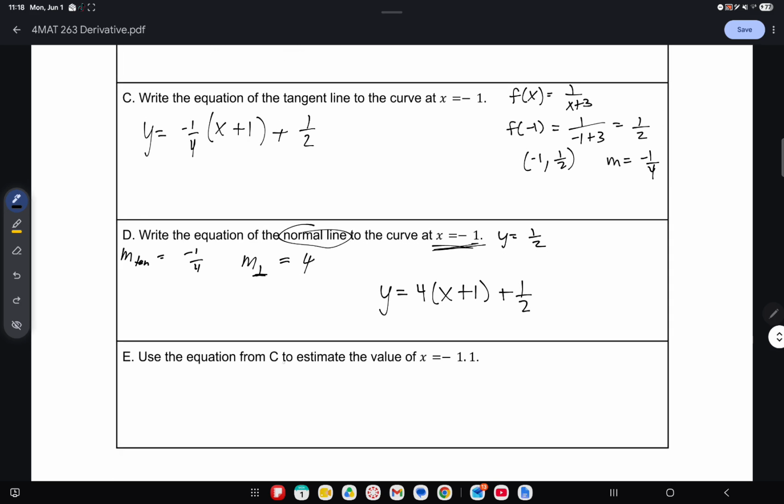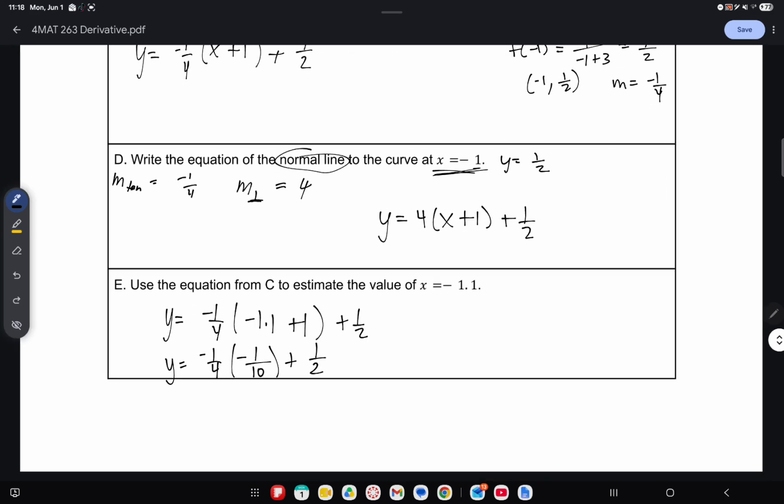All right, use the equation from C to estimate a value. So, y equals -1/4 times -1.1 plus 1 plus 1/2. So let's see, we have -1/4 times that, which is going to give me -1/10, or -0.1. I'm going to turn it into a fraction just so I don't have to pull out a calculator.